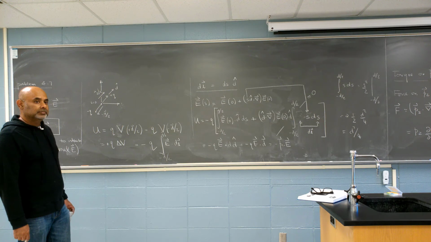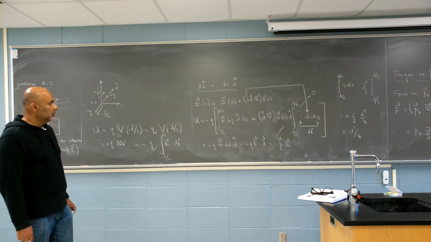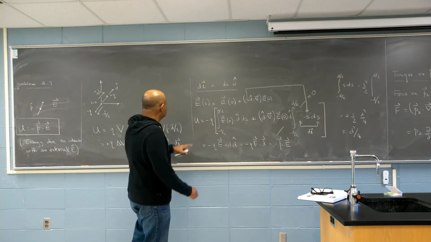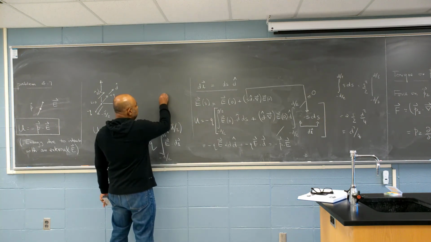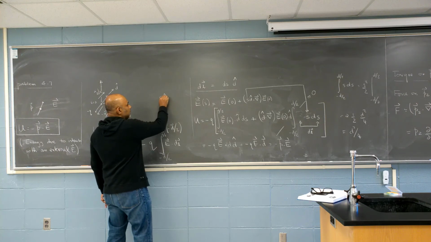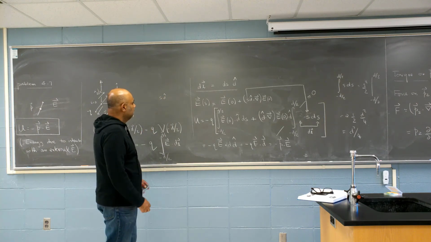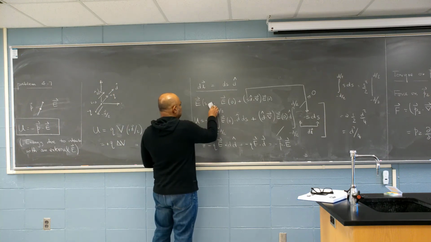I was going to ask you, where did the second d hat come from? I see where it came from. Because I'm evaluating this at any point s d hat. There's already a d hat in there, and then so the second one, I guess I could even make that clear.